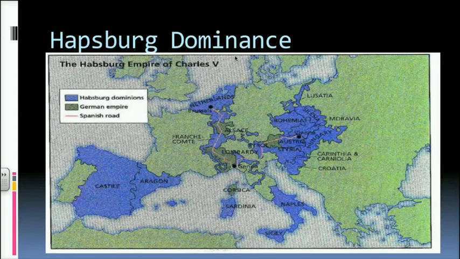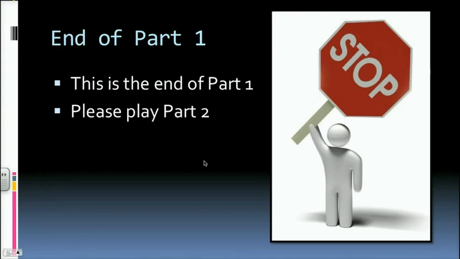So I showed you this map last unit. This is the Habsburg Empire of Charles V. Again, everything in blue. You see Spain, a little bit of France here, the Netherlands before they broke away in 1579, parts of Germany and Austria, parts of Italy. So the Habsburgs really were the dominant group, the dominant family, the dominant country in Europe. France, though, is going to be on the rise, as you're going to find out.